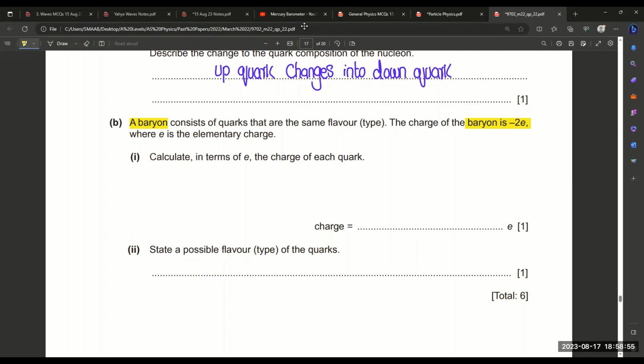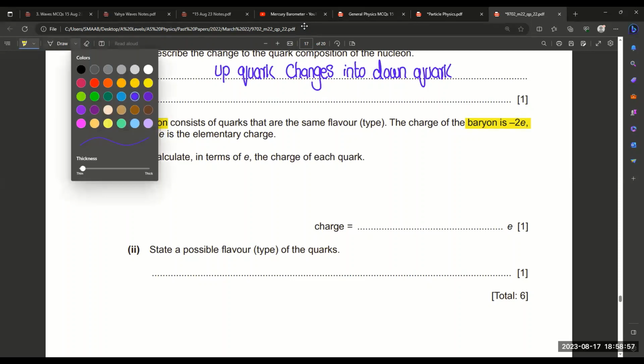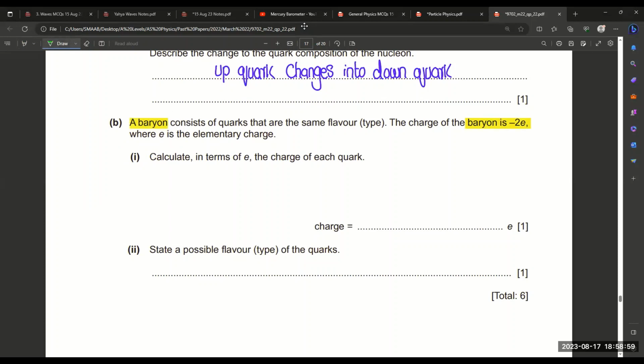Okay, so basically a baryon is made up of three identical quarks, right? Those are unknown, we don't know about them. So x plus x plus x, it means there are three unknown quarks. You may take any variable, so that will be equal to minus 2e according to the question, because it is given in the question, right?